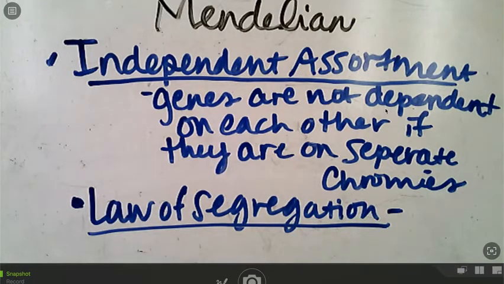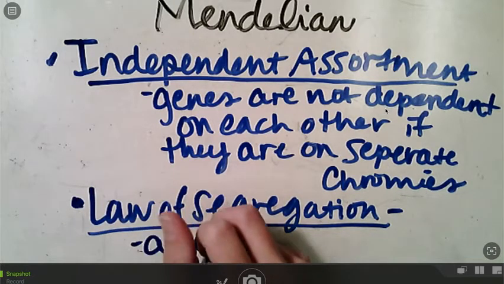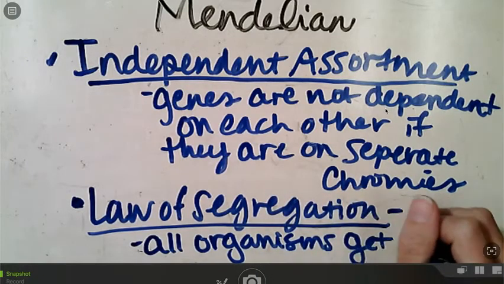Like if there's a gene for height and one for pea color and one for wrinkly peas or smooth peas, each of them will be segregated equally. So it's not like some organisms don't have a trait and some get two. It's equal separation of all the traits. That's what the law of segregation means. So basically all organisms get a copy of everything. I guess. It's kind of hard to explain.